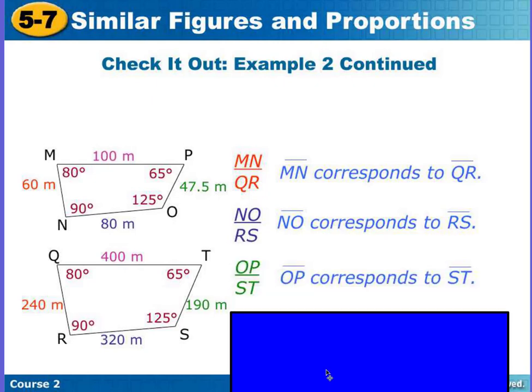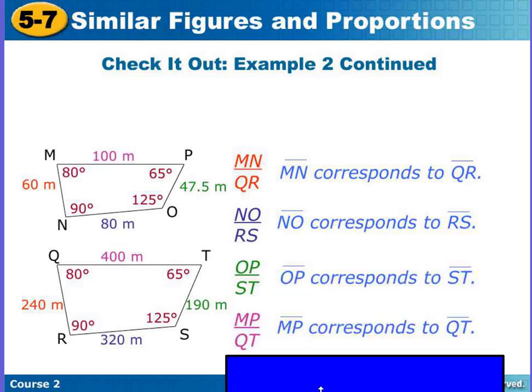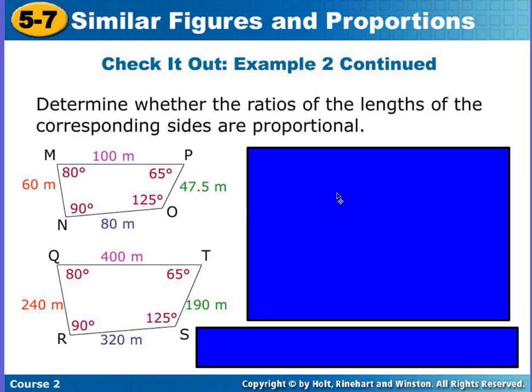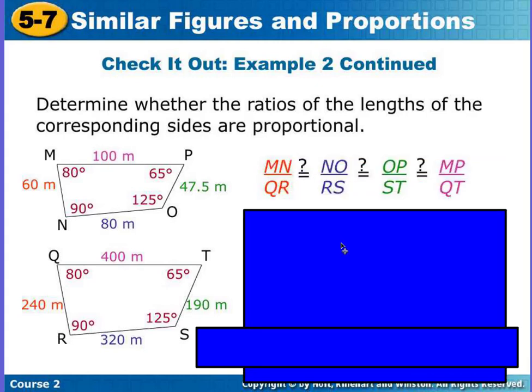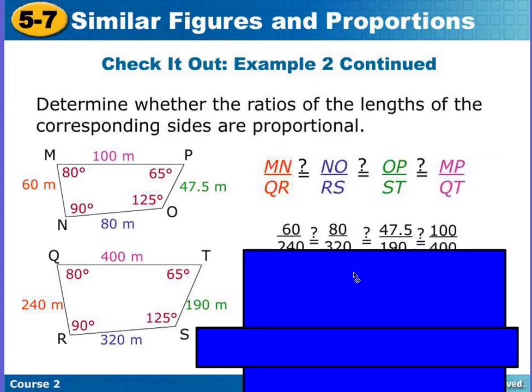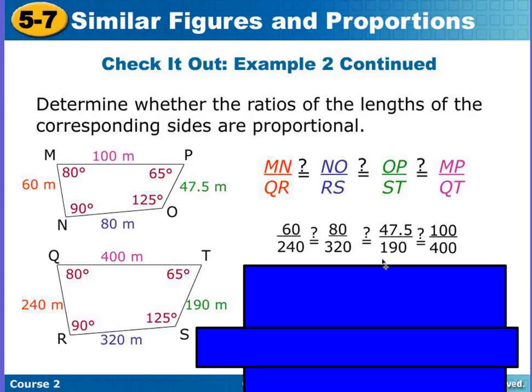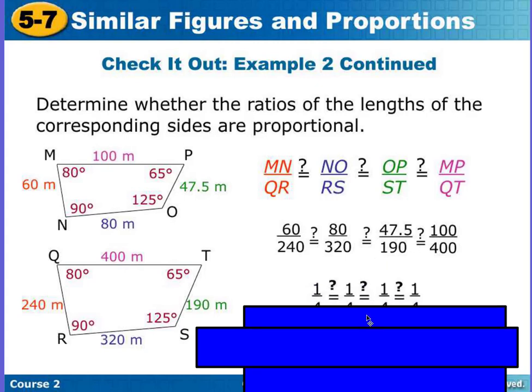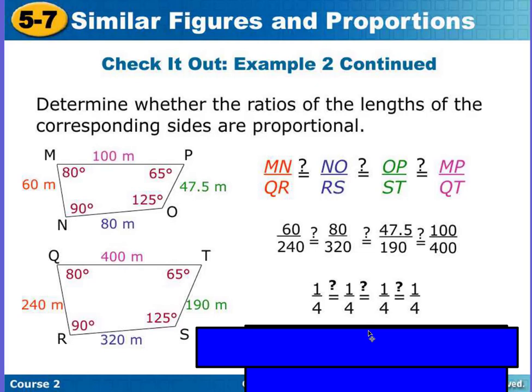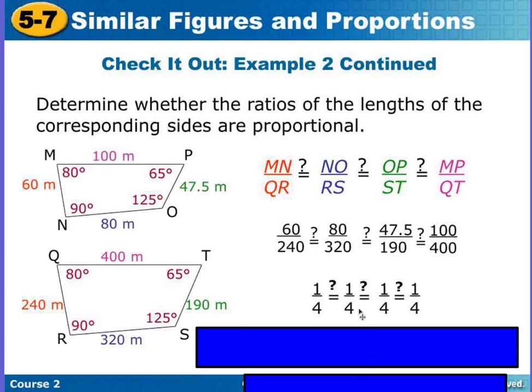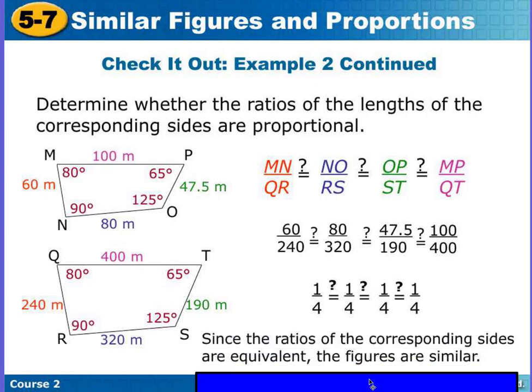Same letter combinations basically as the previous one, we just changed the numbers up. Then you set up your proportions, write your numbers in, and simplify each one, and we find out that they each simplify down to 1/4. So, are they similar? Yes, they are.